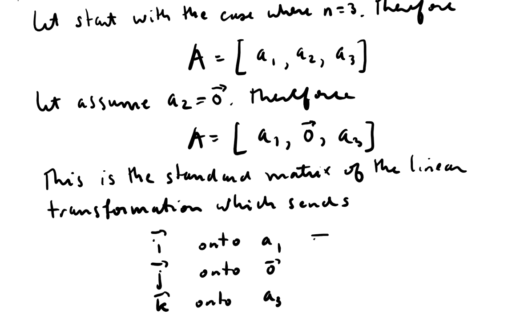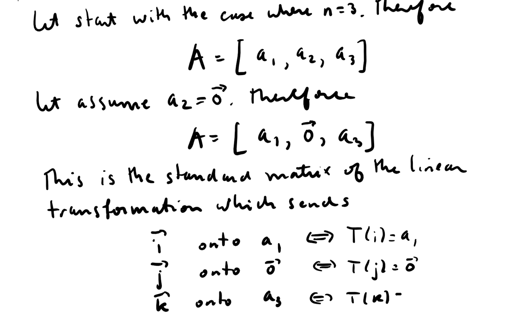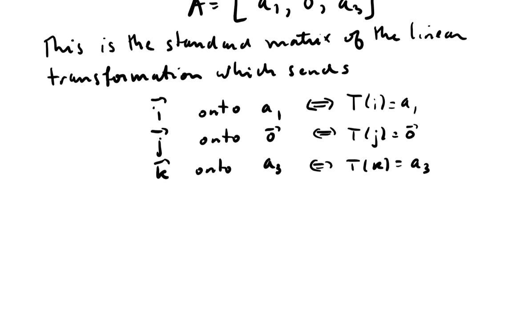That just means T of I is A1, T of J is 0, and T of K is A3.